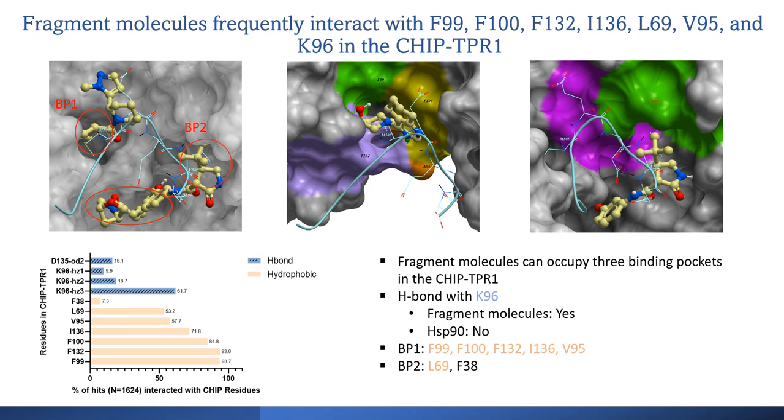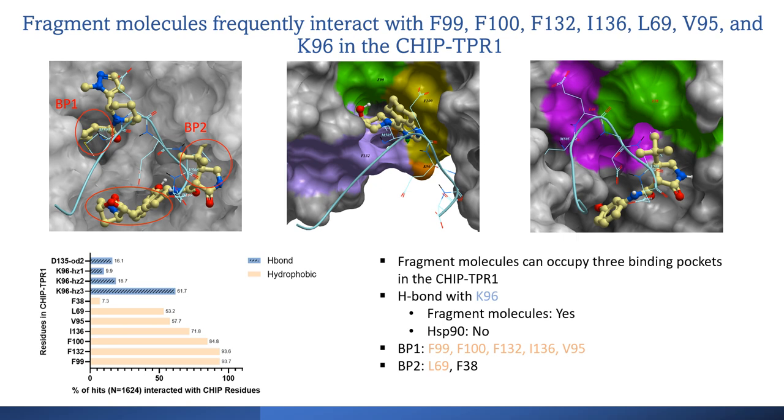Furthermore, the side chain of V508 in the HSP90 interacts with the CHIP-TPR1 residues F38 and L69 in another binding pocket. These 2 binding pockets are occupied by both the HSP90 and the fragment molecules docked to the CHIP protein.